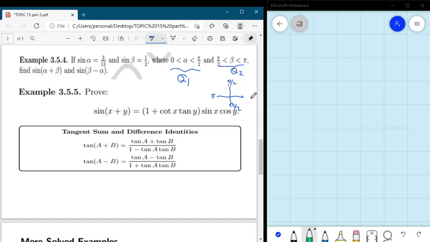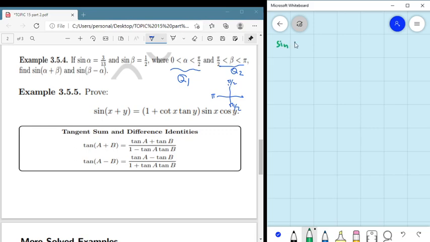We are given that sine alpha is 3 over 13 and sine beta is equal to 1/2. The first thing to do is to find cosine alpha.